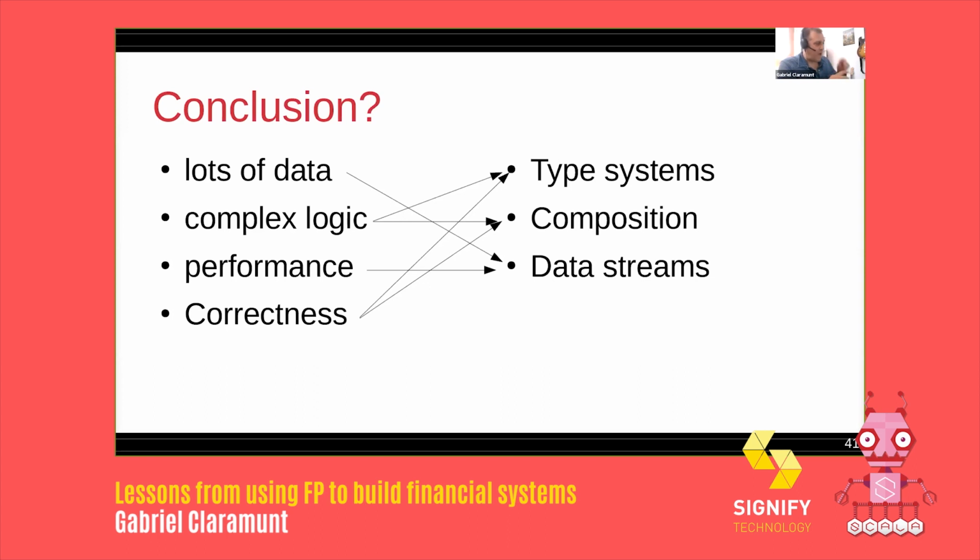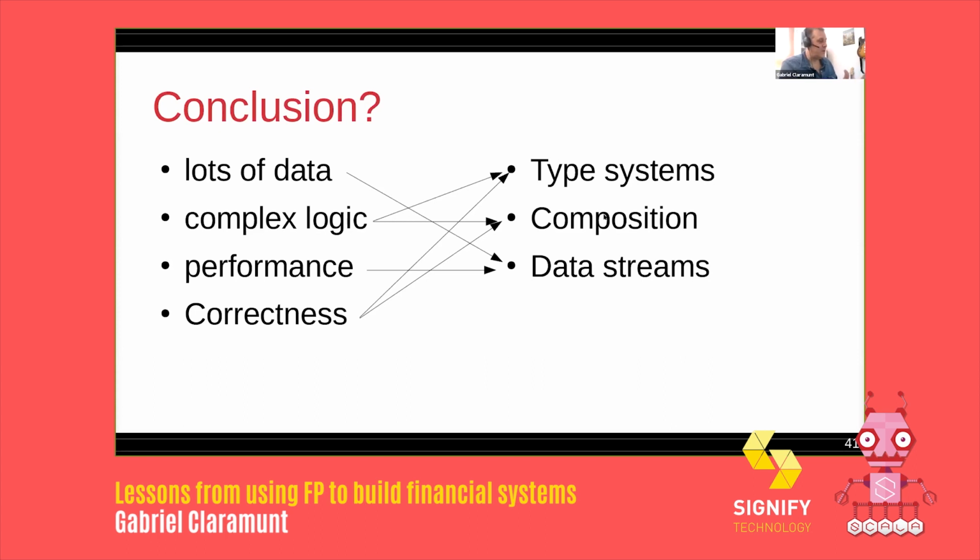And every one of these challenges is tackled by one of these features. For the complex logic and the correctness, we have the type system to help us tackle that. Again, for the logic, we have composition, and for correctness, we have composition.